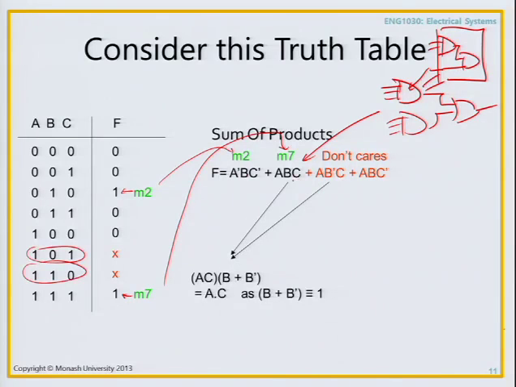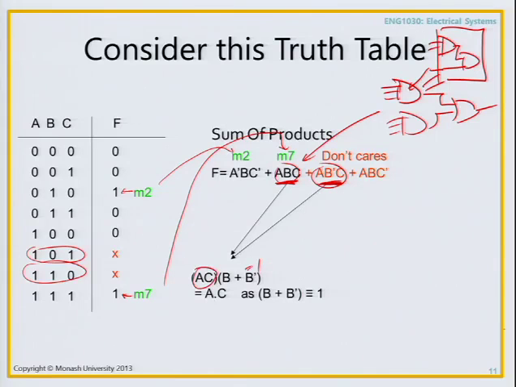This is where the algebra we learnt comes in. You've got ABC, or AB prime C. If we factorize these two, taking out AC, then in brackets we have B plus B bar, which is equal to 1, as you can see.